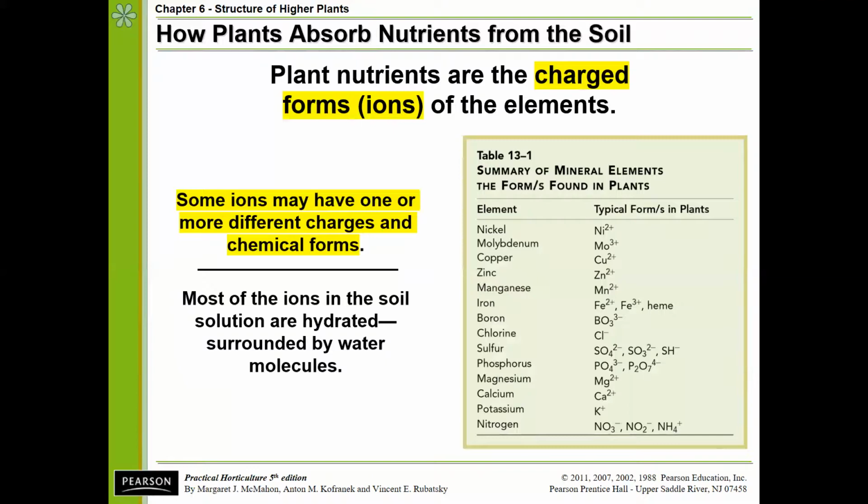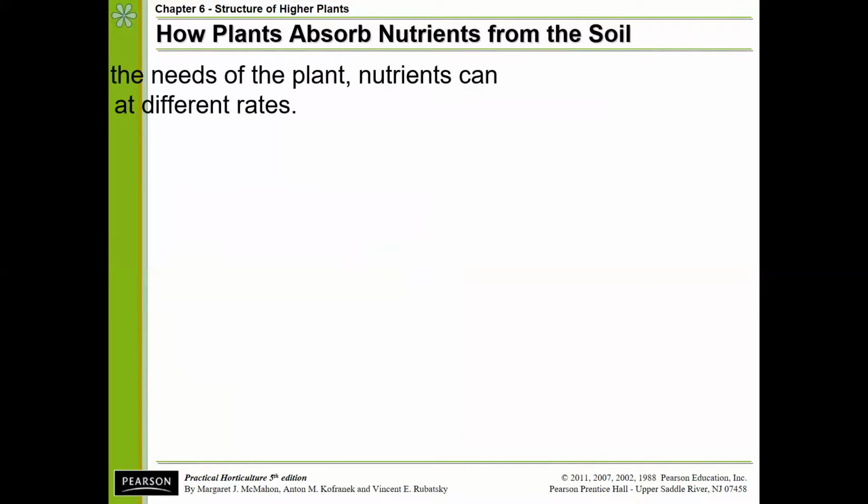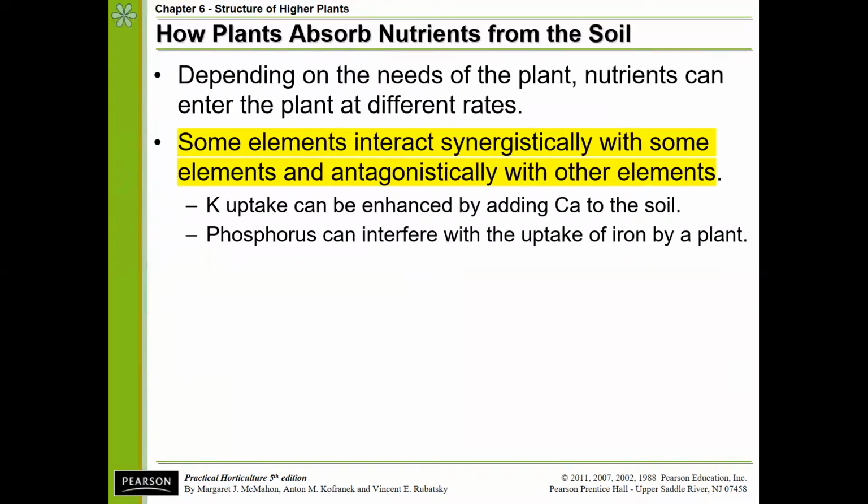I just wanted to point out the importance of recognizing what these different ions are, and note that some of them act synergistically with each other and some act antagonistically with each other. So it's really a balance of nutrients that we need. You can definitely over-fertilize, right?